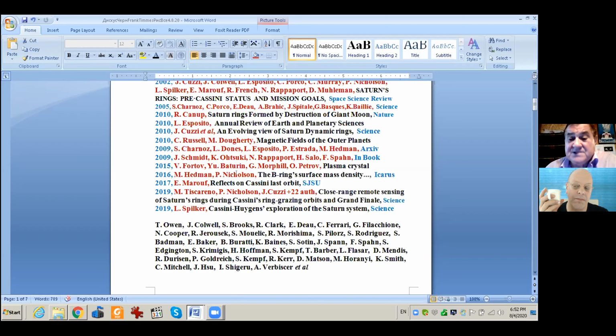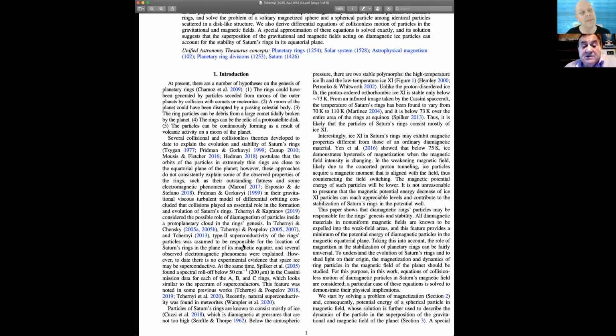We have to start from the history of the appearance of the magnetic field of Saturn. Before the appearance of the magnetic field of Saturn, all ice particles were orbiting Saturn in chaotic orbits. And then somehow the magnetic field ignited and particles, because of their diamagnetism, started to interact with the magnetic field of Saturn.